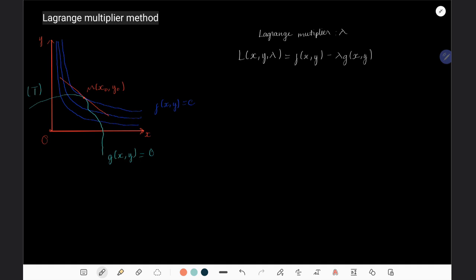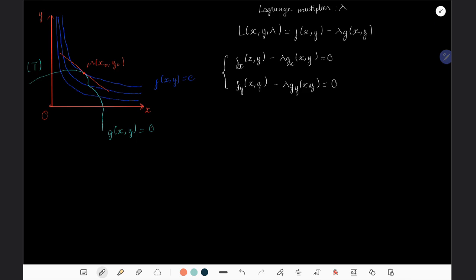The critical points of L are the solutions to the system of equations: fx of x, y minus lambda gx of x, y equal to 0, fy of x, y minus lambda gy of x, y equal to 0, and function g of x, y equal to 0.